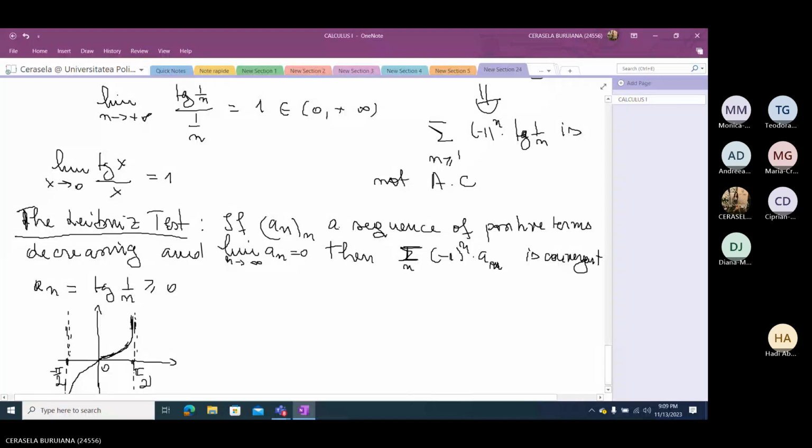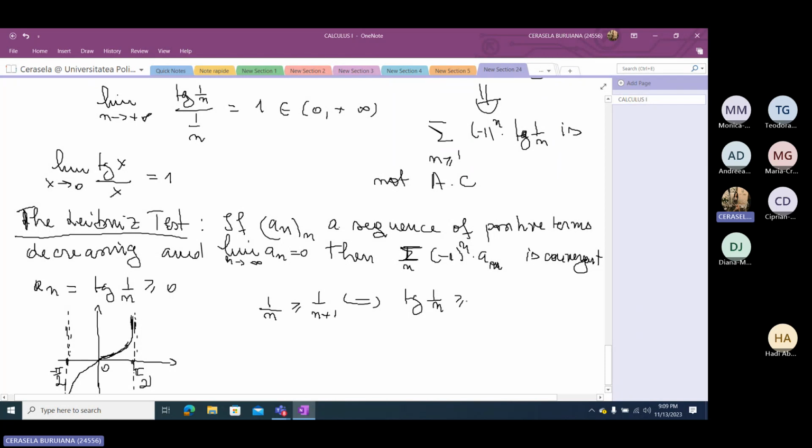This interval is increasing. Good, yeah, it's increasing, but I have that 1 over n is greater or equal than 1 over n plus 1. Now, when I apply the tangent to this inequality, because the tangent is increasing, it won't change the inequality.